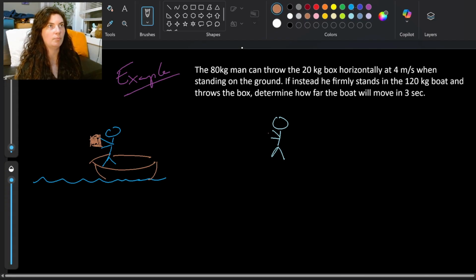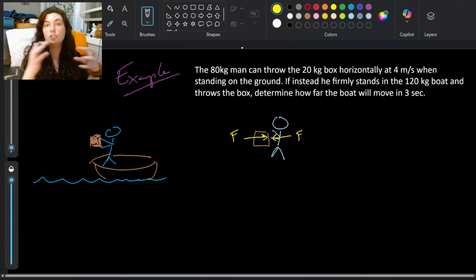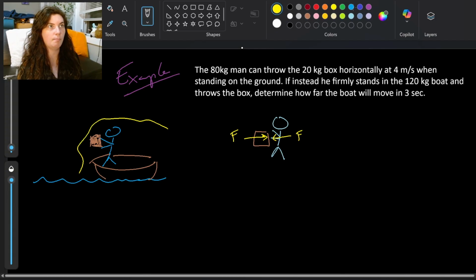So we've got our man and our box, and when that box is thrown, they're imparting forces on each other. Now, of course, this is still internal to the system, the system being man, boat, box. Those forces acting on each other are all internal to this system.